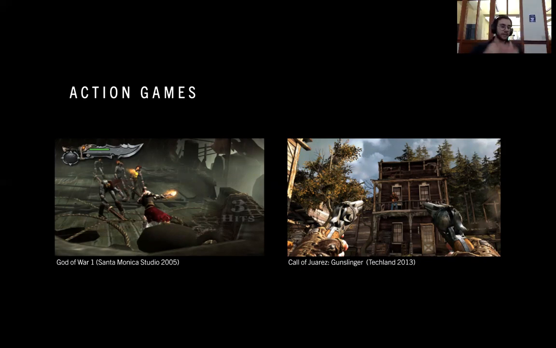An action game is about dynamically moving objects, fighting, challenge, conflict, haptic and fast-paced responses, and that is also the fundamental way in which the game allows us to interact. Hence, it is categorized as an action game, such as God of War 1 or Call of Juarez Gunslinger, where it's really about this aspect of interactivity.